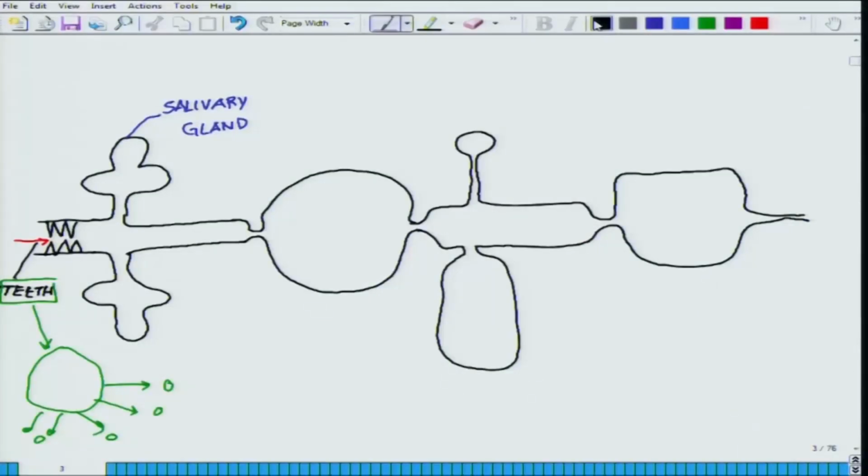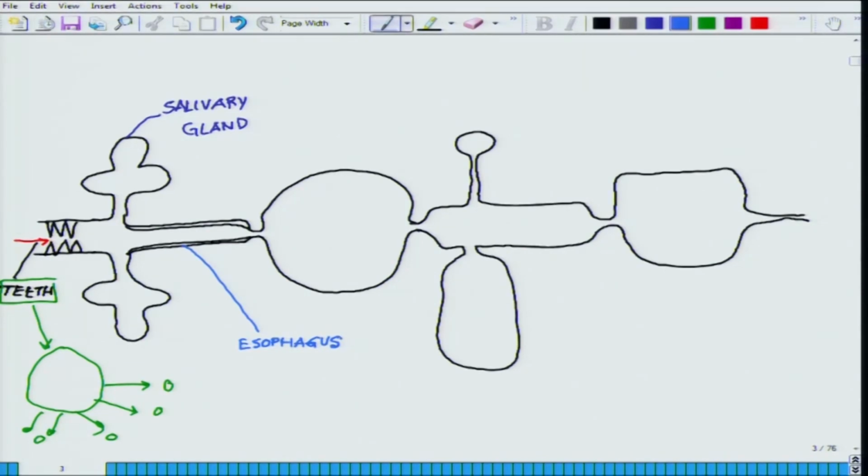Okay. Now, from here comes this canal, which is this whole part, and mind it, one thing I haven't done, these are all double walled structures, and we will come in depth on this thing later. Okay. So, this is your esophagus. Some people write it with O, some write it with E, esophagus. Okay.